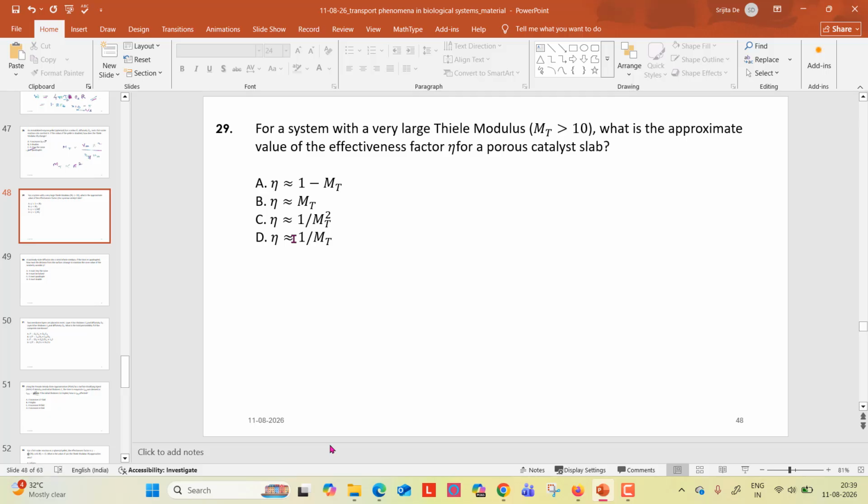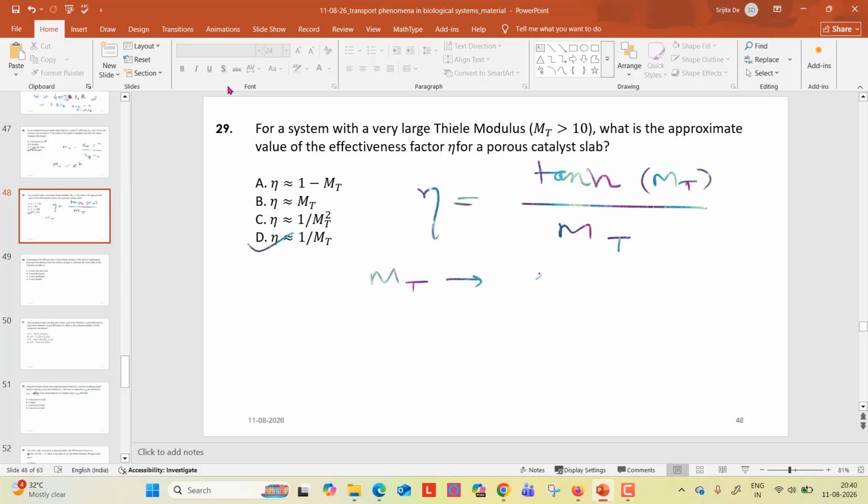For a porous catalyst slab, eta equals tanh(MT) divided by MT. If MT is infinite, tanh(MT) will be 1, so eta will be 1 by MT. So it is option D. If MT is higher, tanh(MT) is close to 1, so eta will be 1 by MT. Next.